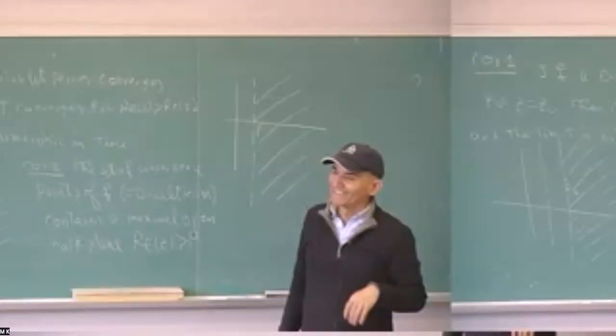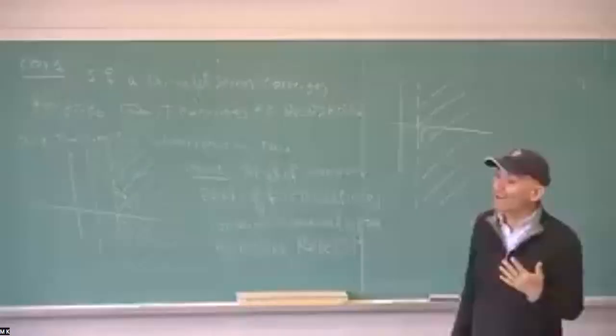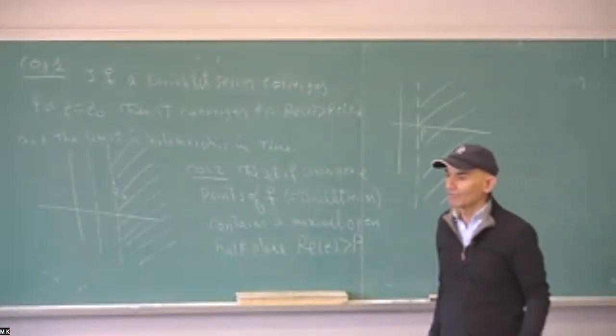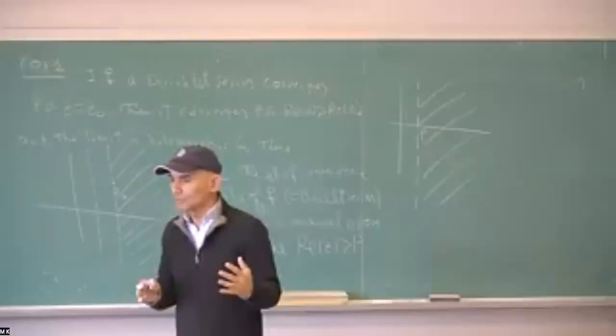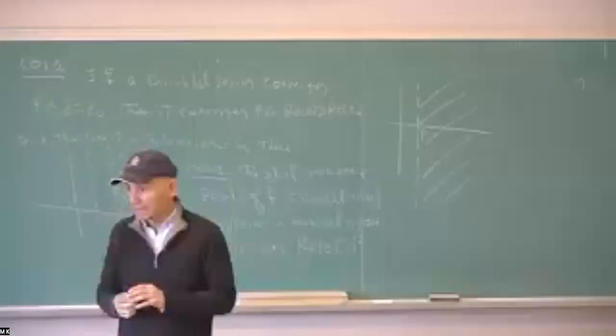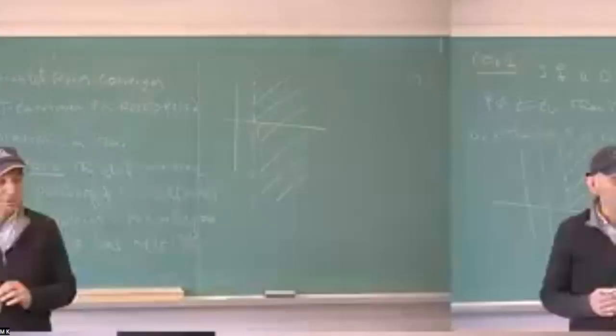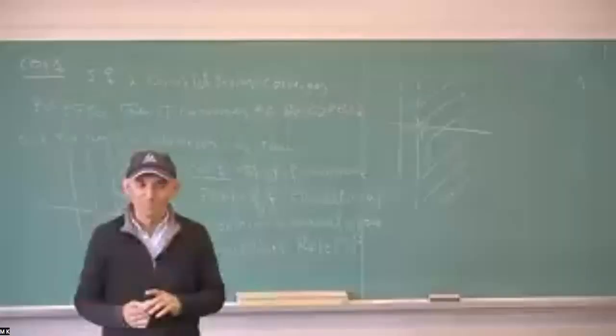Exactly, so now we have a much better understanding of the domain of convergence. So it's comparable to Taylor series, power series, but there's going to be a surprise on the way.